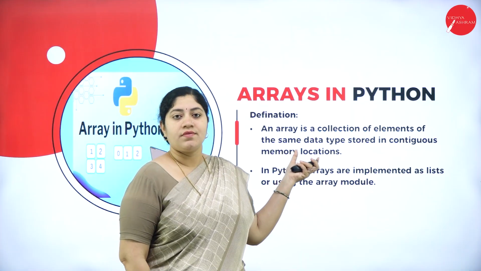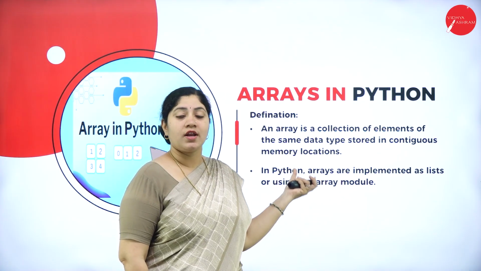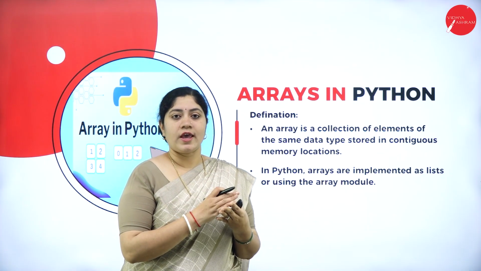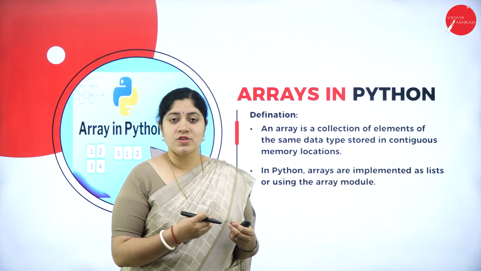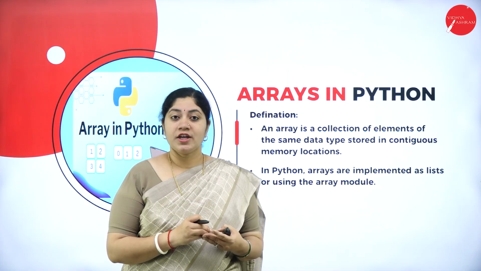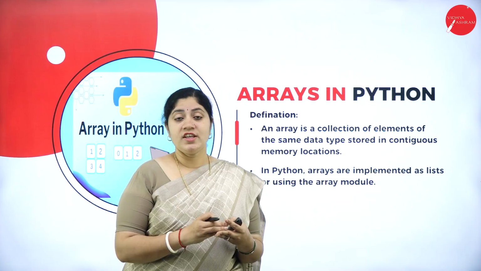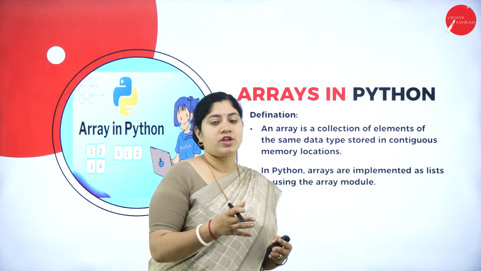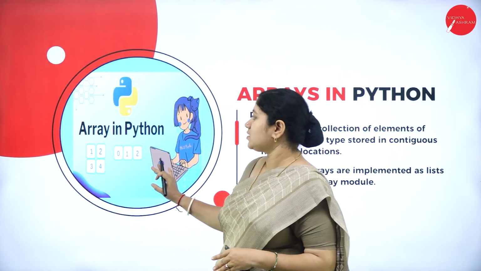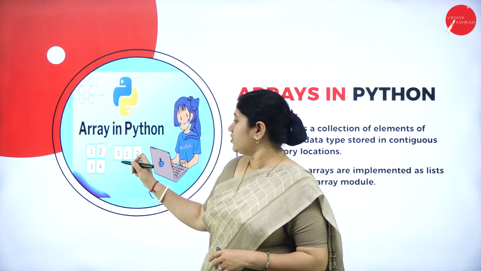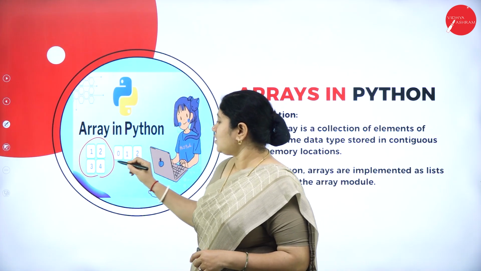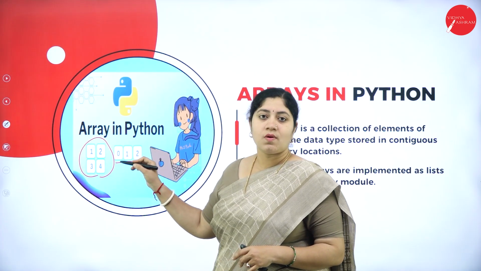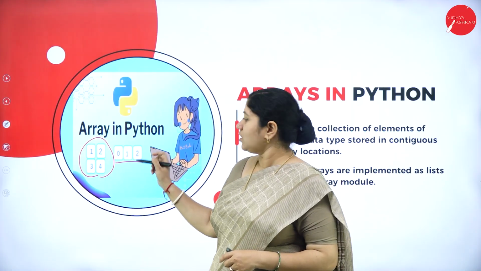So this is the definition of an array, that is, an array is a collection of elements of the same data type that is stored in contiguous memory locations. Contiguous in the sense of shared memory locations. If we consider this figure over here, we can observe there is a collection of elements of the same data type.